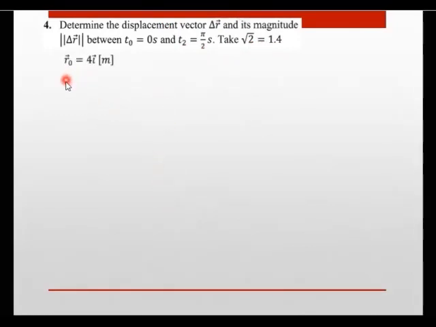R0, which was 4, and R2, which was minus 4, sure along I. Delta R has a formula: it's R2 minus R0, minus 4I minus 4I, I get minus 8I in meters. And its magnitude, by using Pythagoras, or simply since it's one-dimensional, it's 8 meters.